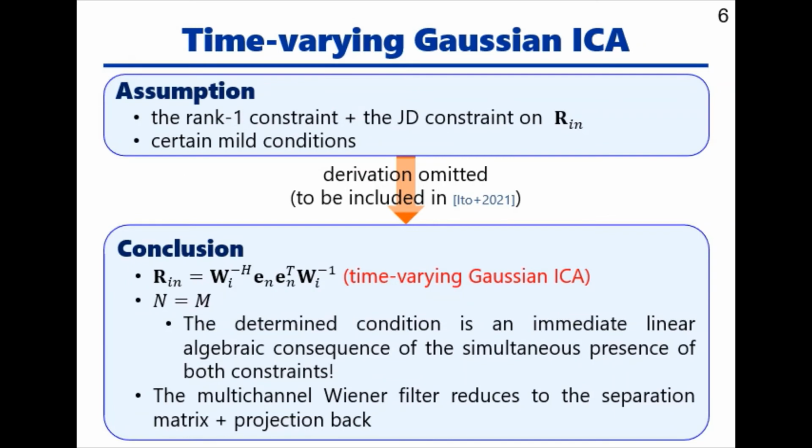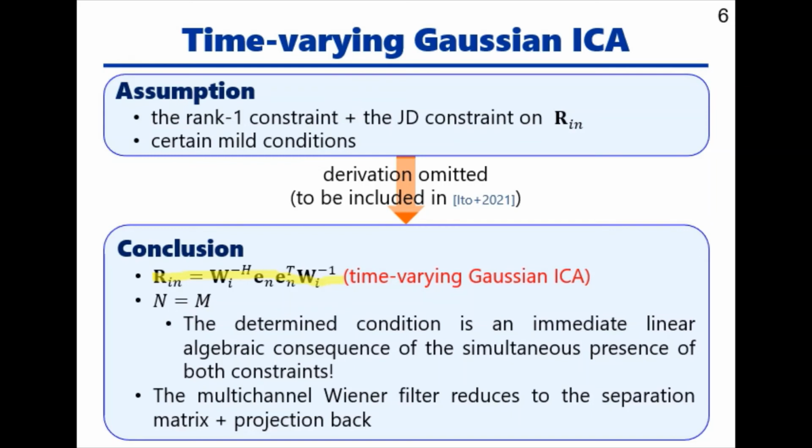This slide summarizes what we can show about time-varying Gaussian ICA. Although derivation is omitted here, it is to be included in a journal paper in preparation. We assume that both the rank 1 and the joint diagonalizability JD constraints are imposed on R, along with certain mild conditions. Then we can show that R can be written like this, which is nothing but the parameterization in time-varying Gaussian ICA.